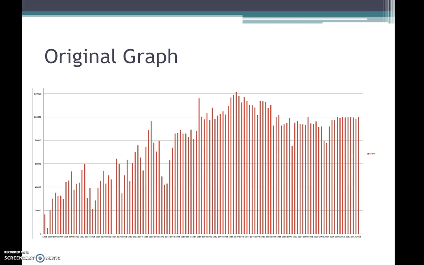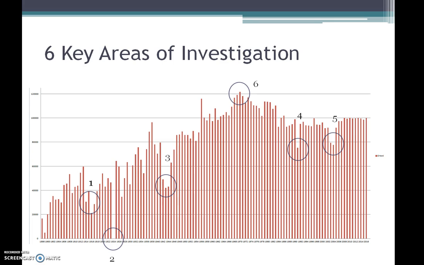So next I looked at my original graph again, and I tried to find some key points to investigate. As we're moving into the next slide, I had 6 key areas of investigation. Number 1, where there was a slight decrease. Number 2, where there is no attendance for 1 year. Number 3, where there is another decrease. Number 4, where we're looking at more modern times of the AFL, when the competition turned from VFL to AFL competition.